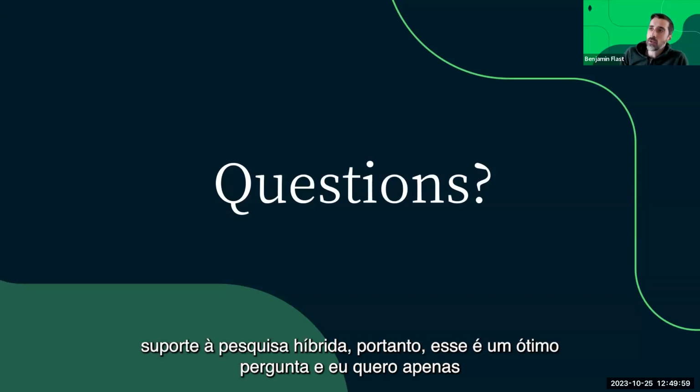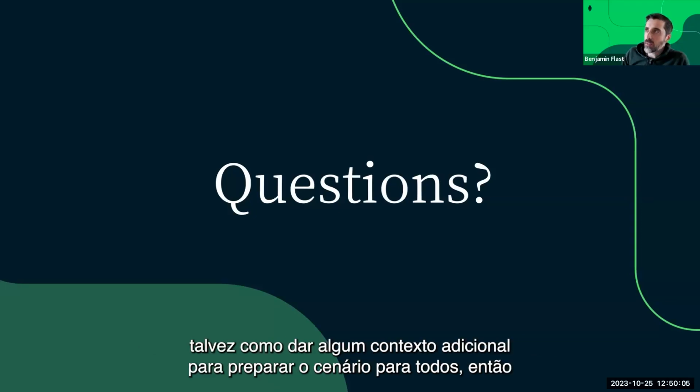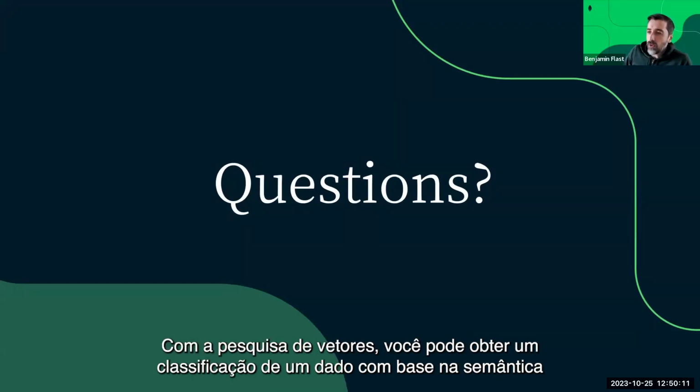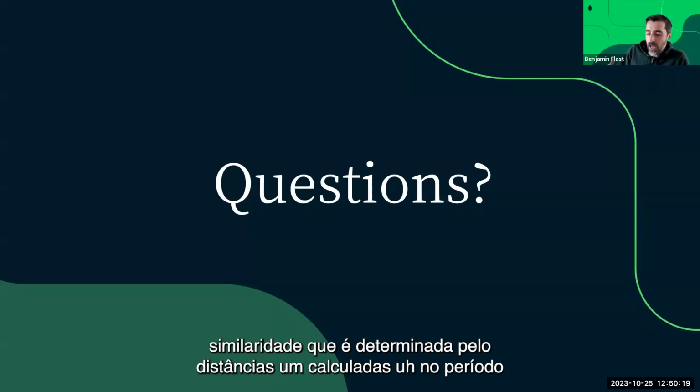Cool. Does this also support hybrid search? So this is a great question, and I want to give some additional context to set the stage for everyone. With vector search, you can get back a ranking of data based on the semantic similarity that's determined by the distances calculated at query time.